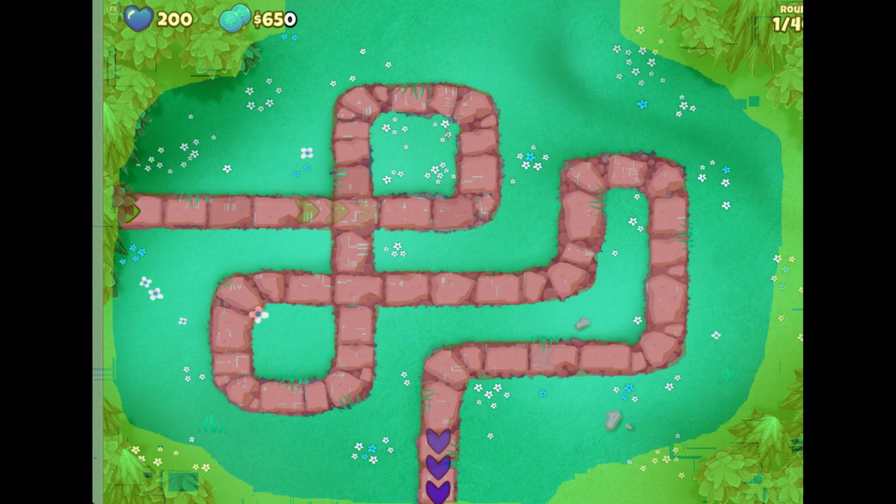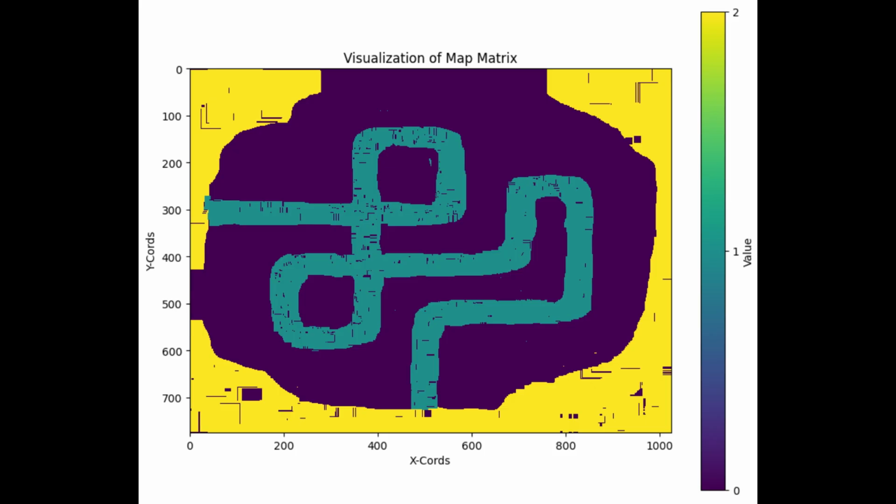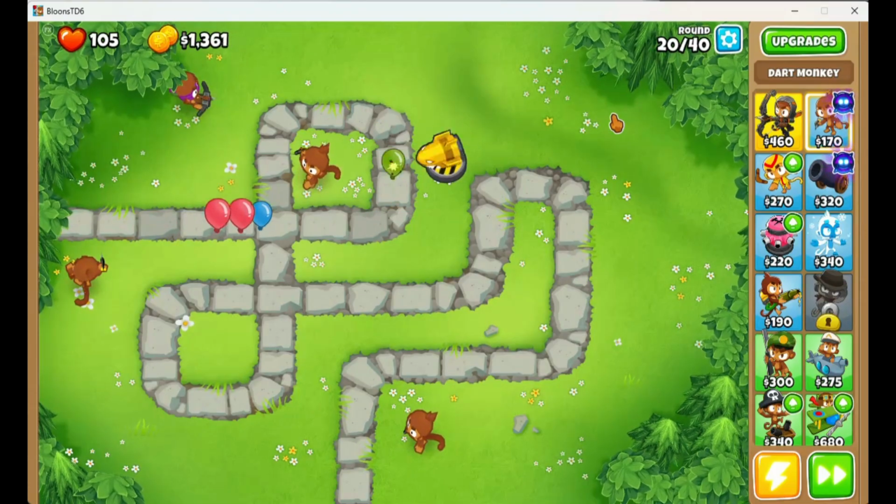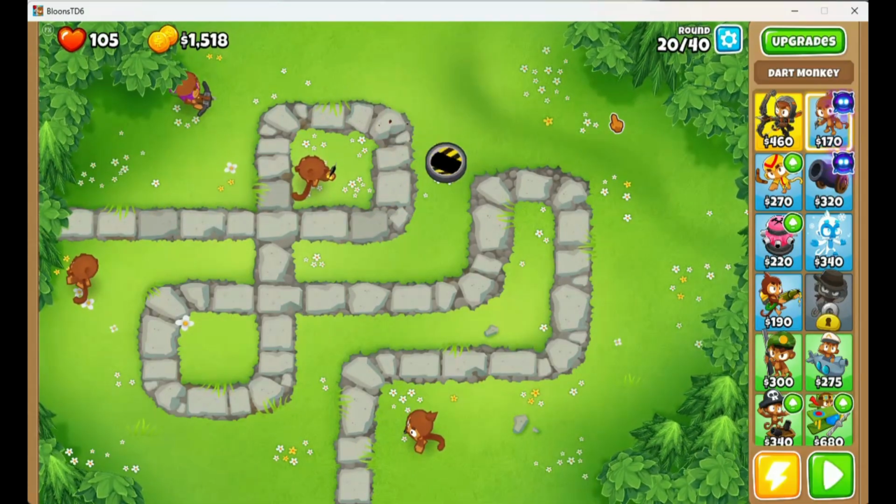We then assign the remaining places the value 0, indicating to our game playing AI that these are spots where it can place towers. If we look at the array we created, we see that the path of the map as well as certain non-placeable areas are clearly marked and can be interpreted by our Python code. Alright, and that's the basics of the game implemented.